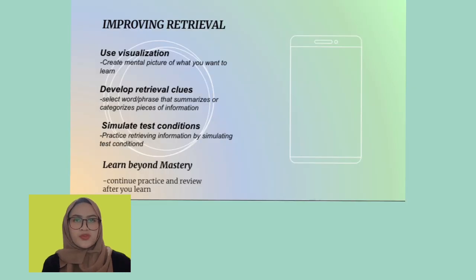For improving retrieval, firstly, use visualization, for example, create a mental picture of what you want to learn. And secondly, develop retrieval cues. Select a word first and summarize or categorize bits of information.